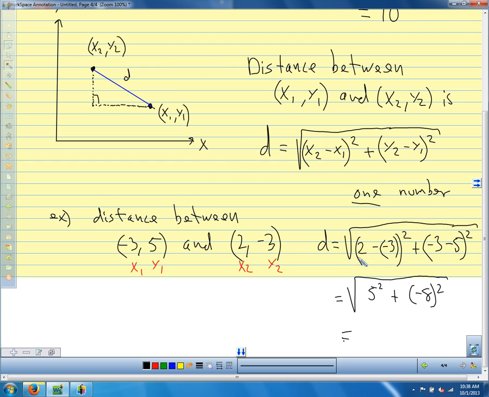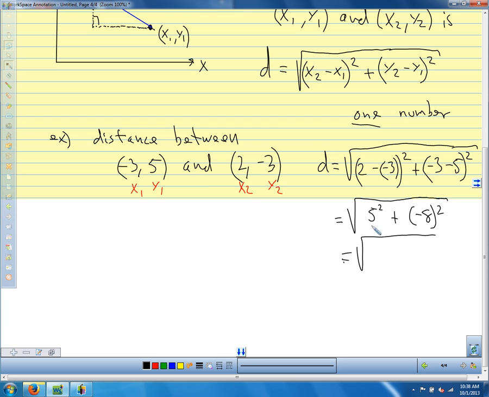When I do this next step, 5 squared is 25 plus negative 8 squared. Negative 8 times negative 8 is 64. After I square things, I should never have a negative underneath the square root. So once I get to this step where I've squared everything, everything should be positive. You don't want to bring this negative sign outside here.